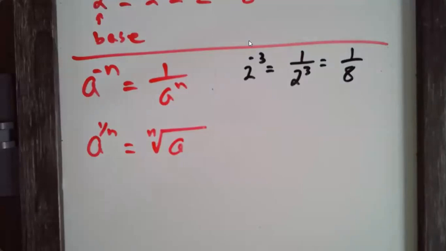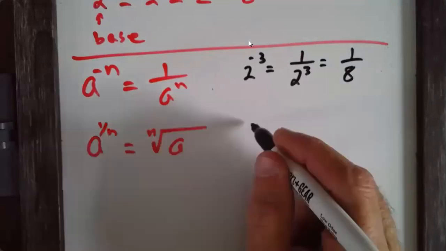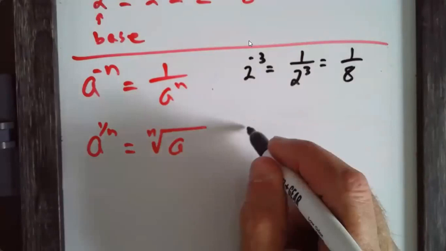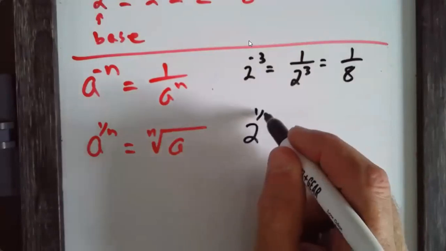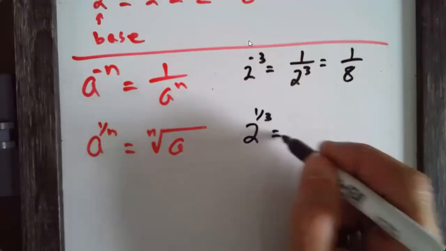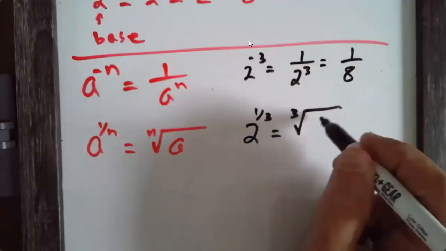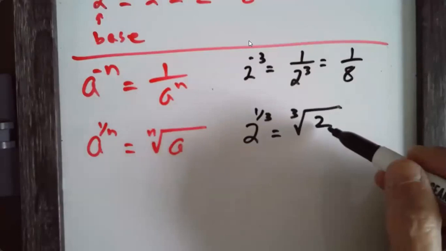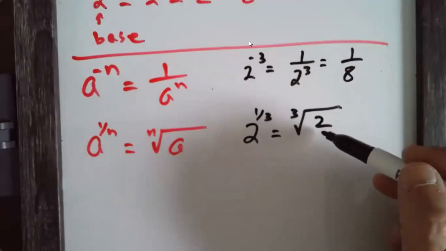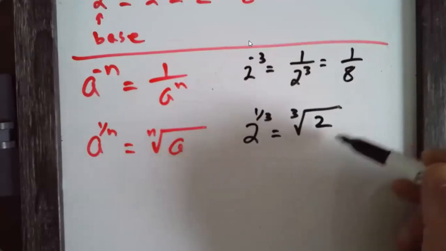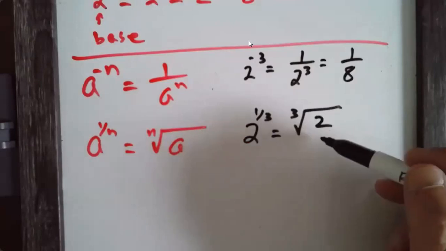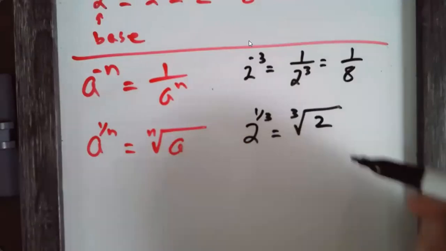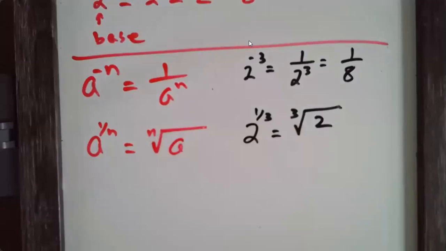So if we had 2 to the 1/3 power, for example, this would be the cube root of 2. Nothing times itself 3 times will give you 2. So that's as simple as you can get. You can't simplify that any further.